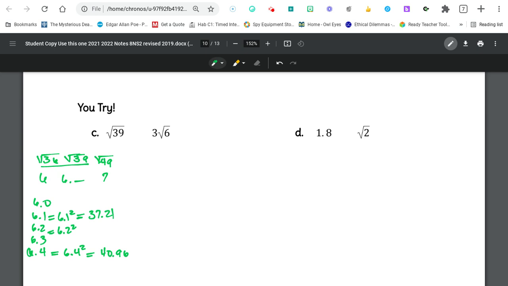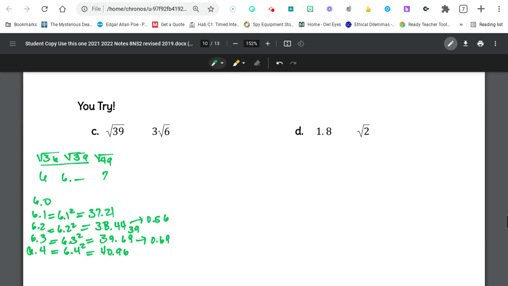I should have just said we're going with 6.2. 6.2 times 6.2 is 38.44. 6.3 squared is 39.69. So 39 is in between those two. So I can tell you that this is like 56 cents away from 39, and this one is 69 cents away from 39. If you think of it in terms of money, it's easy to do.